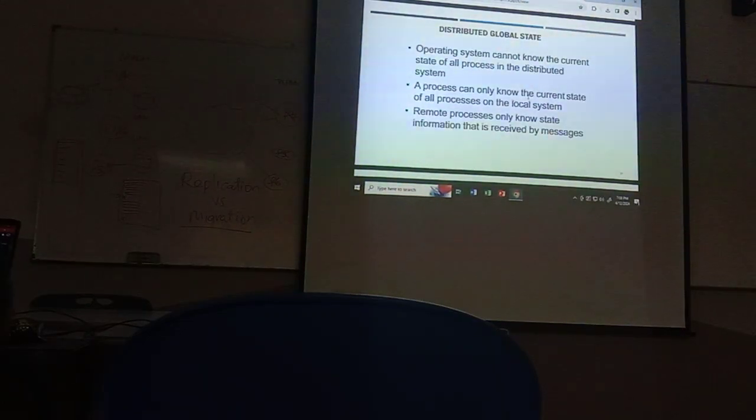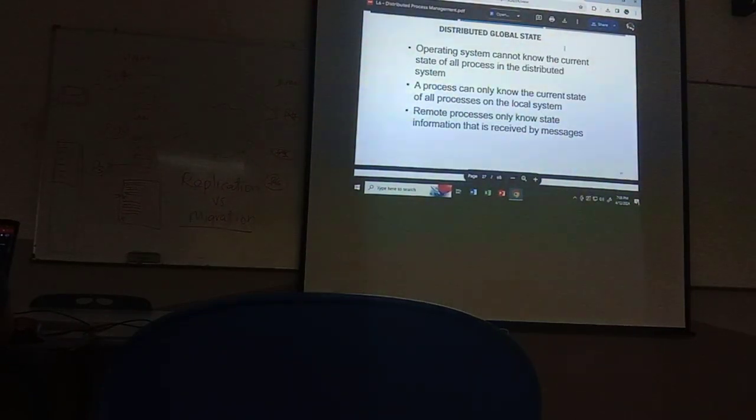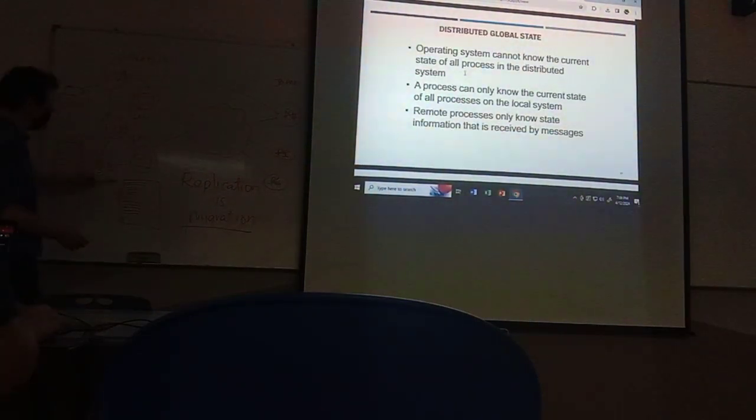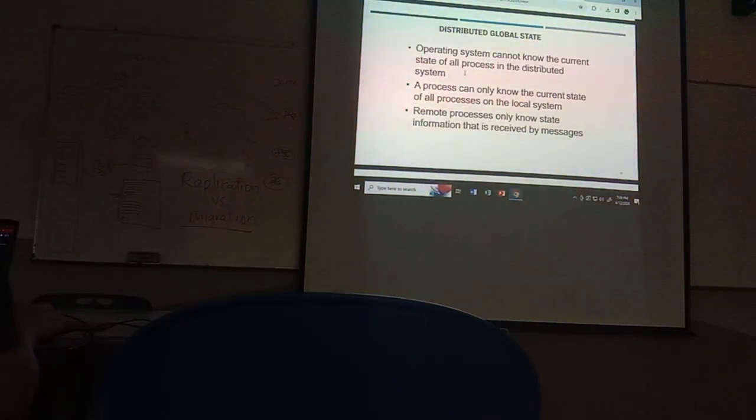So the process needs to know the current state and then process it locally or maybe transfer it remotely to another computer. So the distribution of global state should be done by the process rather than the operating system. But sometimes you can put checkpoints, like in this case. When you reach this checkpoint, your process can safely tell the operating system that you can migrate, or migrate itself, because at this checkpoint you don't have much problem doing the migration.